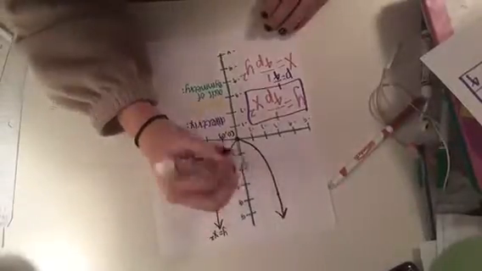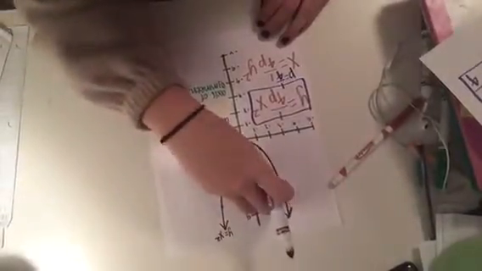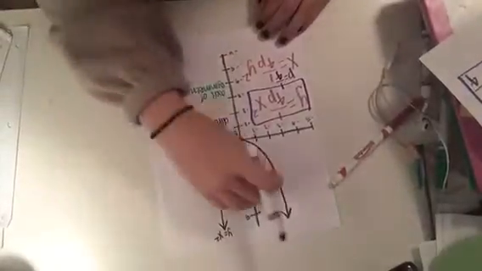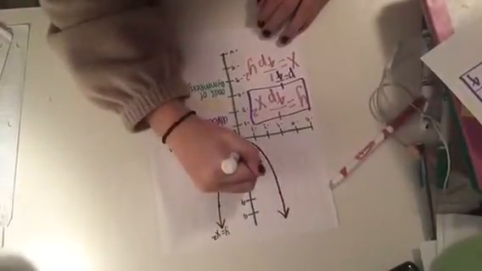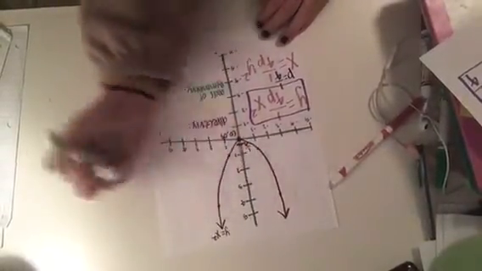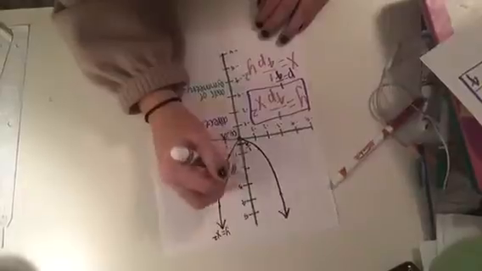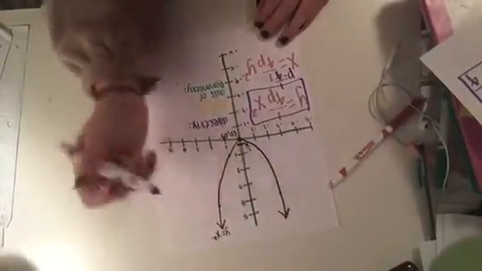So the focus is always going to be inside of your parabola. Whether it's this way or this way or this way, no matter which way it is, it'll always be inside of it. So all it's going to be is right here at 1/4, 1/4 of the way up. 1/4 units up? I don't know. Okay.